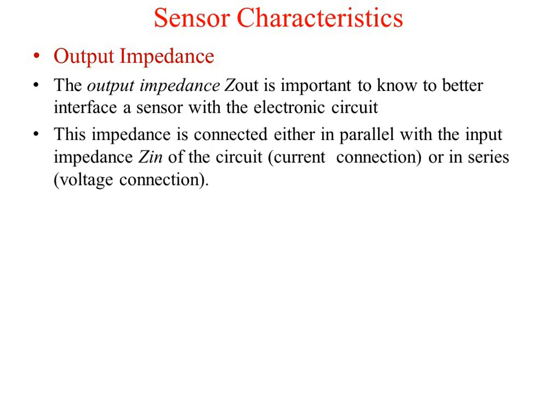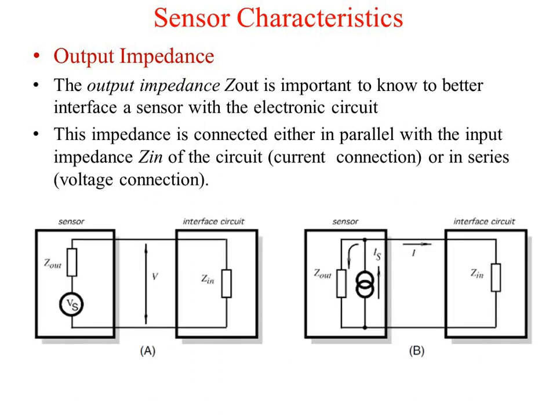This will be either in parallel or in series with the circuit. Here you can see that the sensor Z out is in series with the Z in, and it will be in parallel with the interface circuit also. So you can get such kinds of connections when you are connecting the sensor.